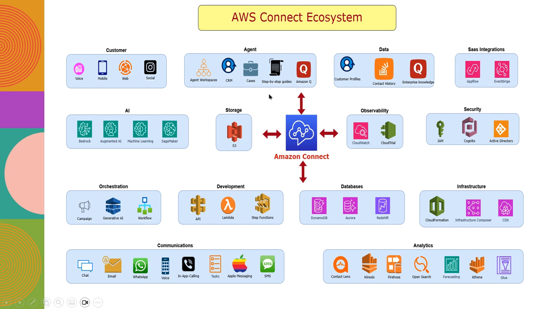This is all extremely critical, and I find agent workspaces to be the hot topic. Agent workspaces basically connects the data from CRMs with case management with Amazon Q so that the agent gets everything they need to help the customer. This is the hot stuff.